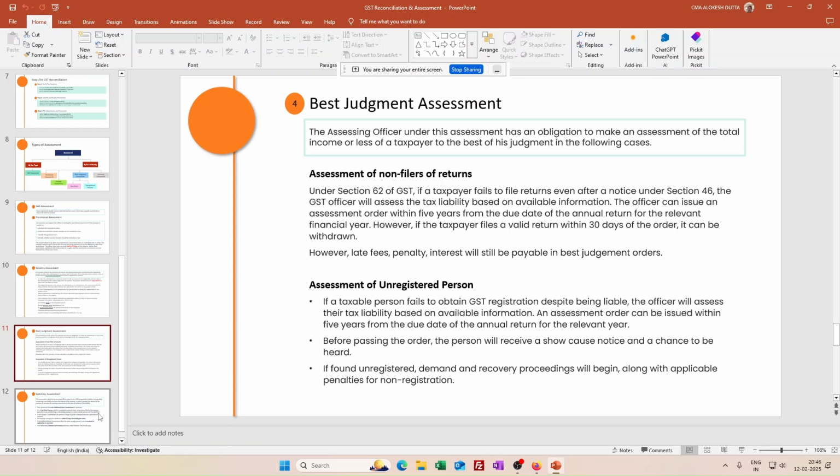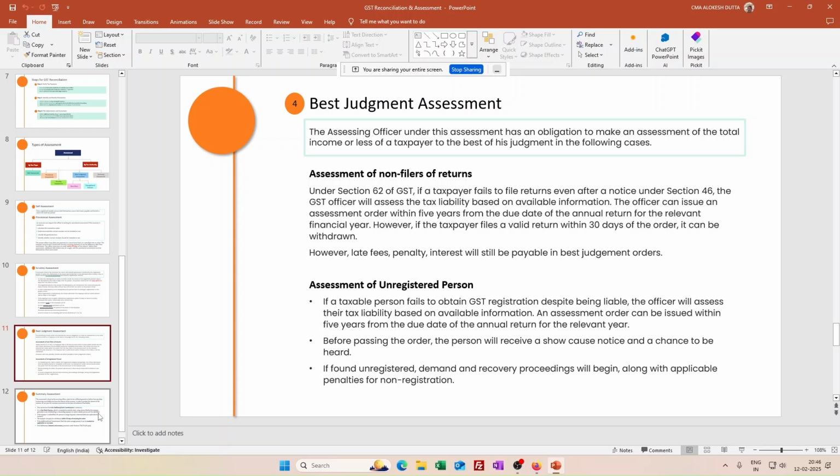The best judgment assessment is only the discretionary power of the assessing officer, which may be correct, may not be correct. Dispute and litigation come from here, because there is no fixed basis. I think the amount of tax evasion is 20 lakhs, but the person says it may be 10 lakhs.